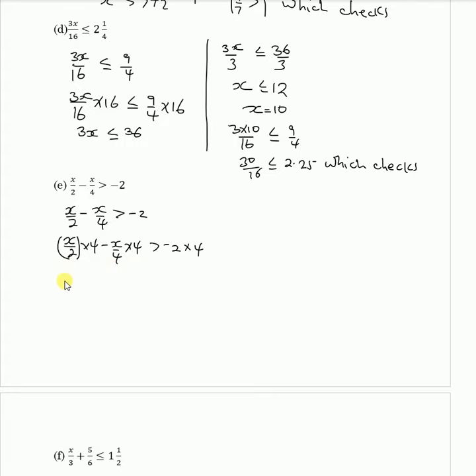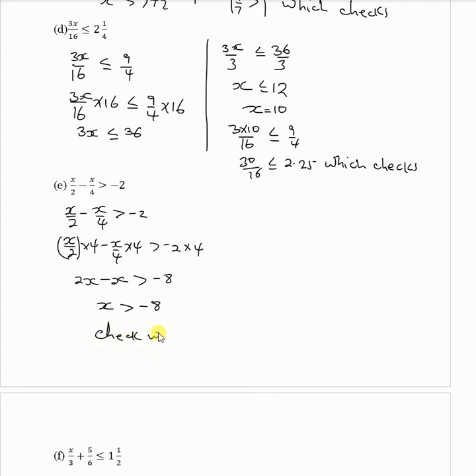Now 2 into 4 is 2, so that one is 2x minus, 4 into 4 is 1, x, greater than negative 2 times 4, that's negative 8. So 2x minus x, that one is x greater than negative 8. So we have x greater than negative 8.